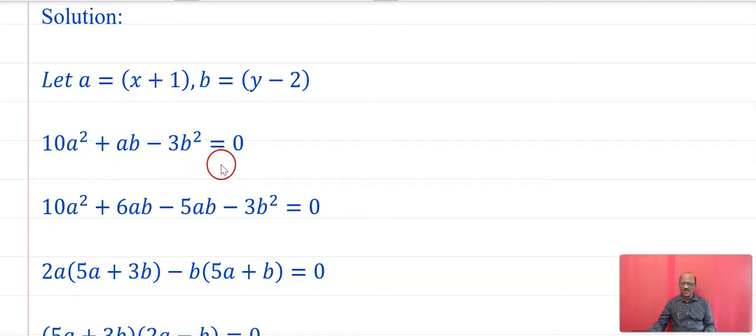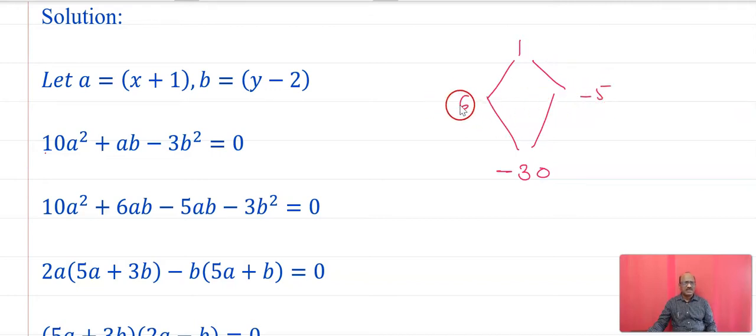It's a very simple quadratic equation. The product of first and last term is minus 30. Okay, and what about the middle term? Middle term is 1, whose coefficient I am considering only the coefficient. Then what will be the factors? That is 6 and minus 5. 6 minus 5 is 1 and the product of 6 into minus 5 is minus 30.